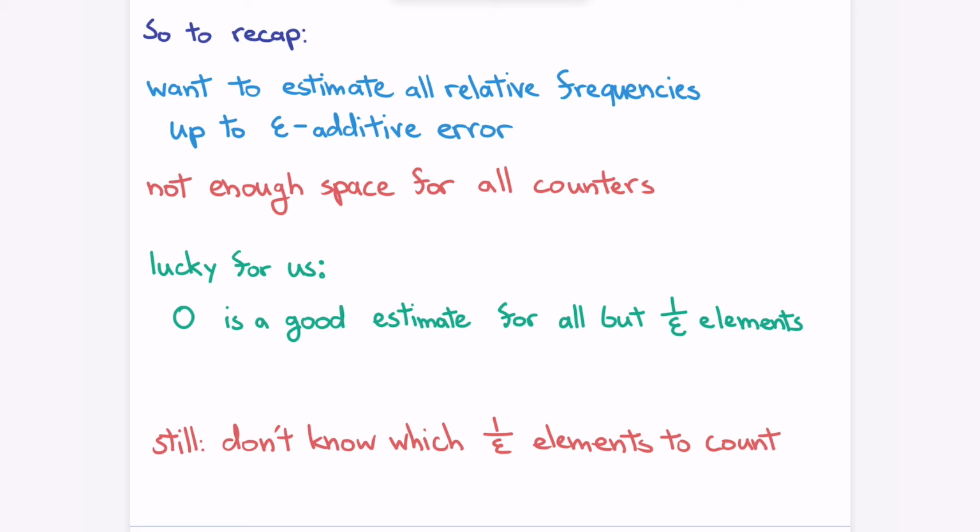Oh, that's not an unreasonable idea. Let's say the first 1 over epsilon elements come in. I'll start new counters for each. Then the next element comes in. If it's one of the things I'm already tracking, I'll increase the counter. If it's not something I'm tracking, I'll decrease everyone. But you can see at least there's some idea of trying to figure out what to replace in our set.